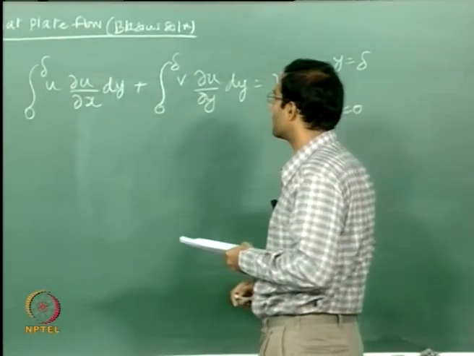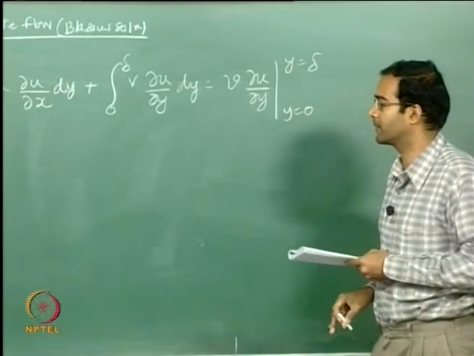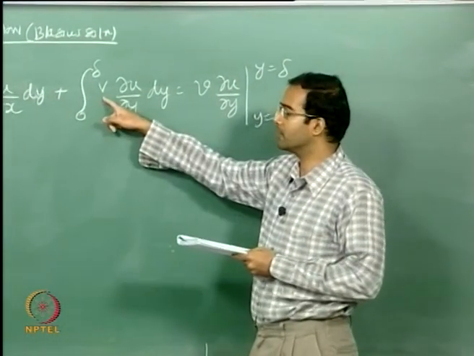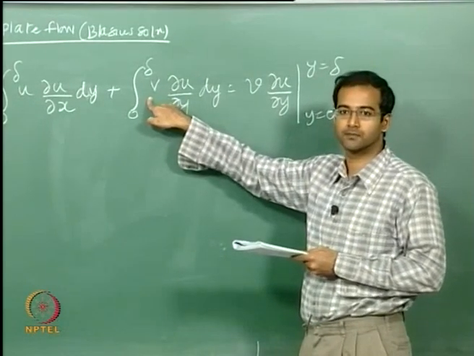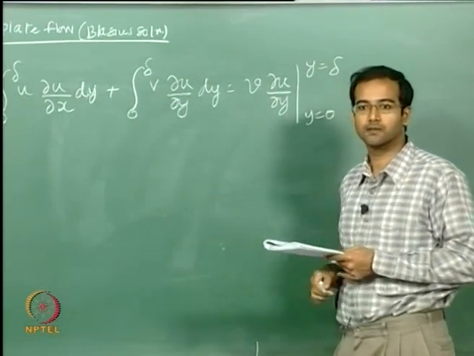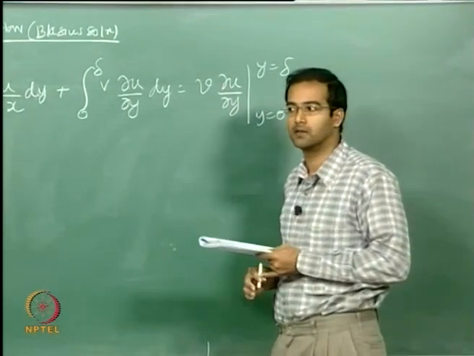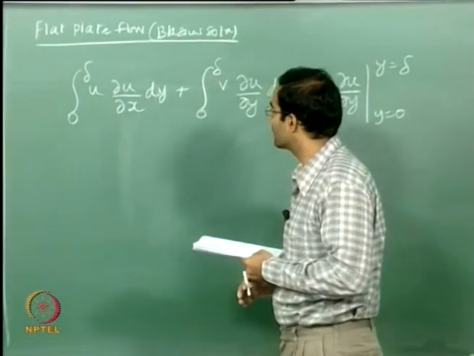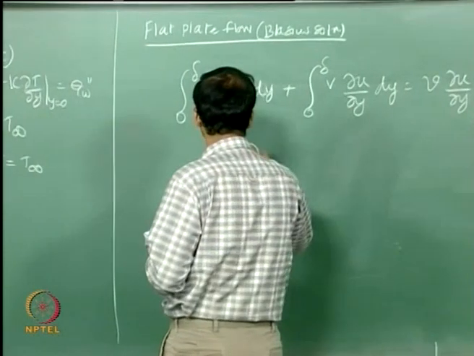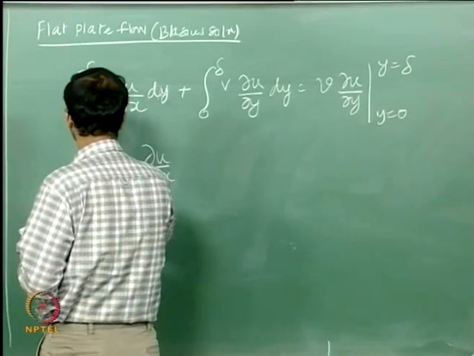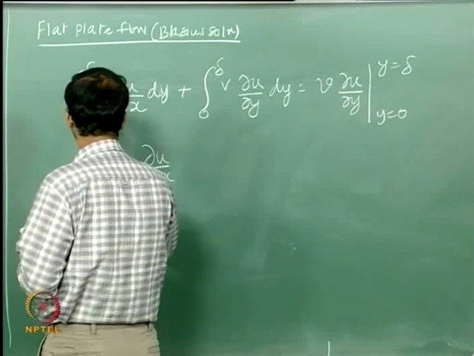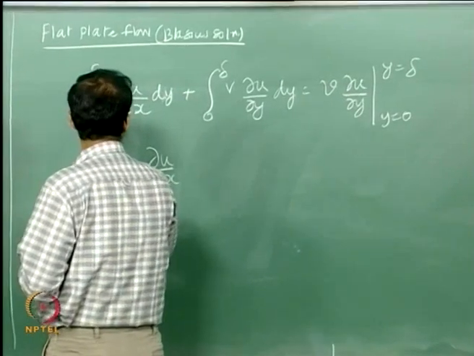What I am going to do now is a little bit of jugglery to eliminate V and construct everything in terms of U. How do I do that? From continuity, du by dx is equal to minus dv by dy.